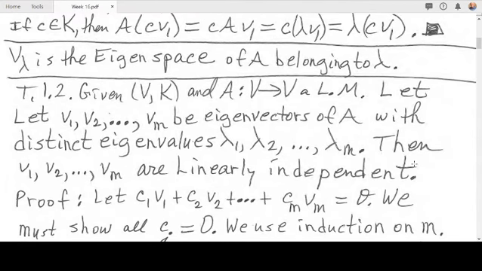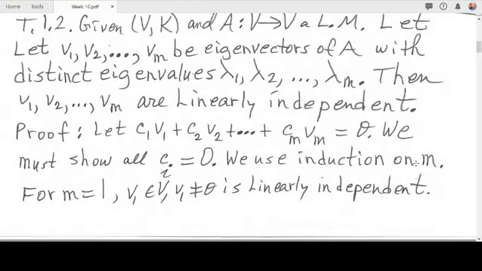Now, Theorem 1.2 tells us that when we have a set v1 to v sub m of eigenvectors of A with distinct eigenvalues, lambda 1 through lambda sub m, no two of which are the same, then these eigenvectors must be linearly independent.